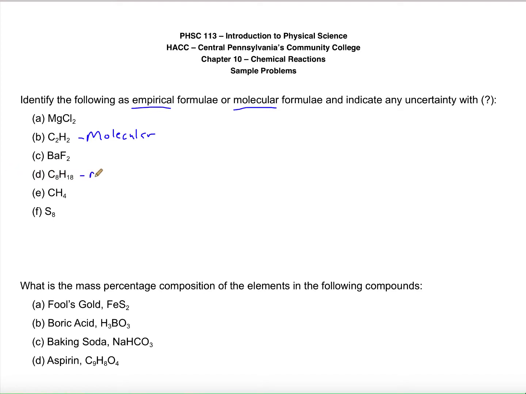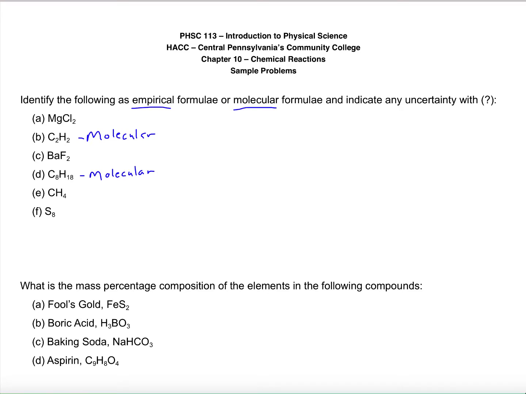C18H18 would be another one that would definitely be molecular, because it is not the simplest whole number ratio. You can divide each of these by 2 and get values that are non-fractional.